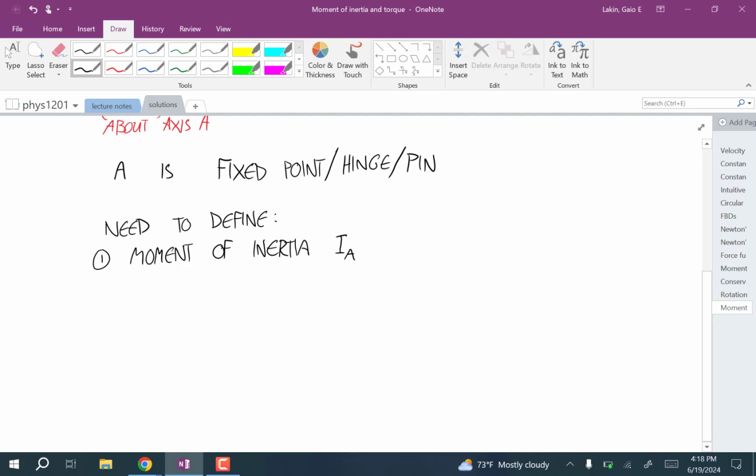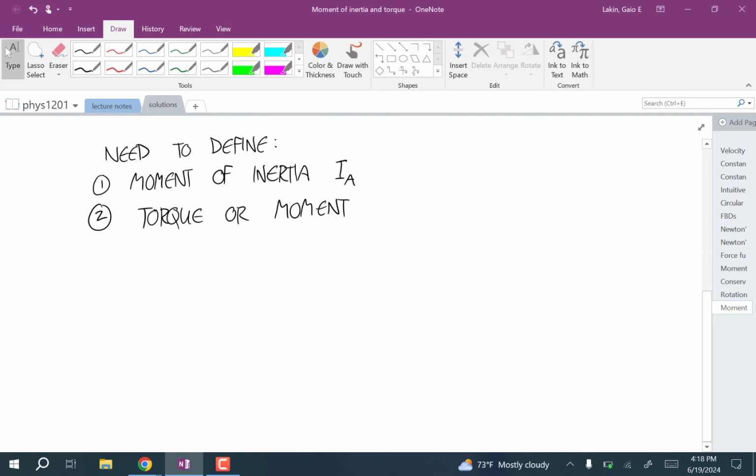And then the second one is the rotational version of force. This is the torque or the moment. Either one of those is perfectly fine. So I'm going to start by defining the moment of inertia, I sub A.